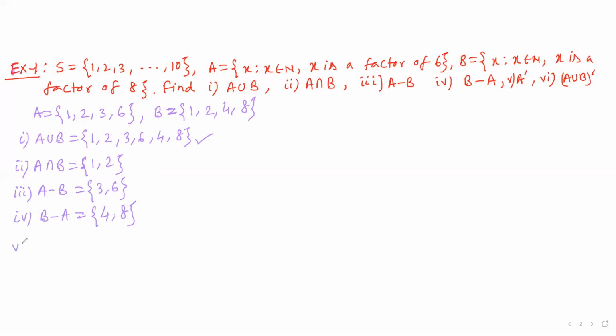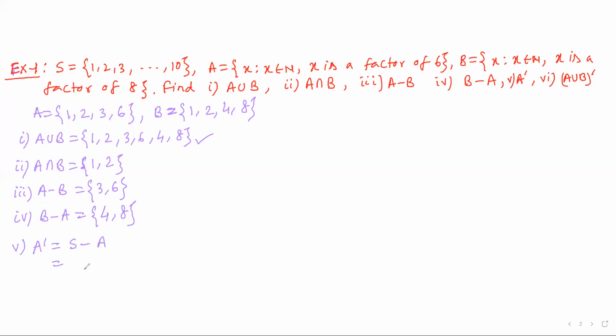Now coming to part 5. Part 5, we have to calculate A complement. A complement means we have to remove the A set from the universal set. That is, the definition of A complement is universal set minus A set.